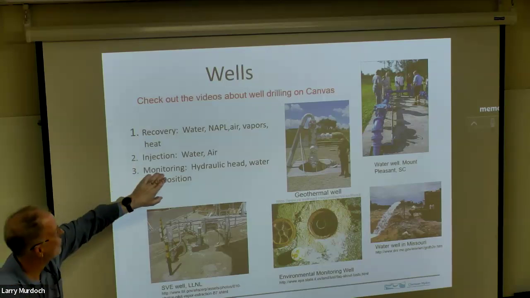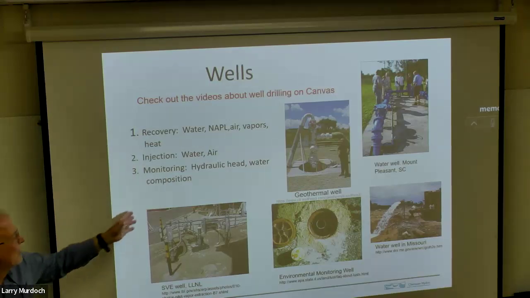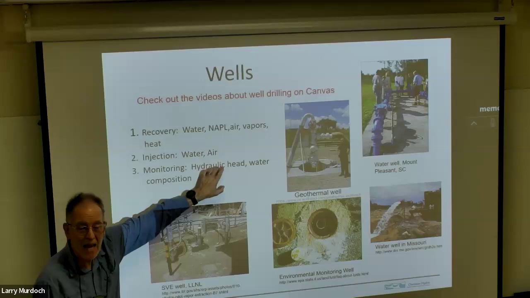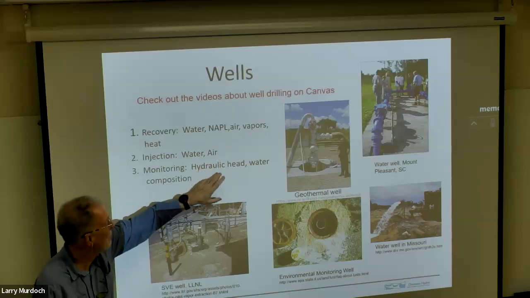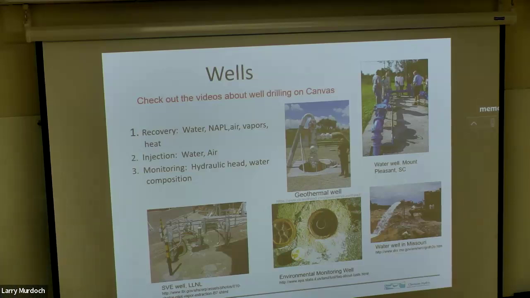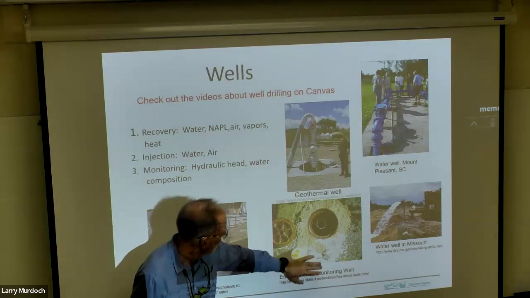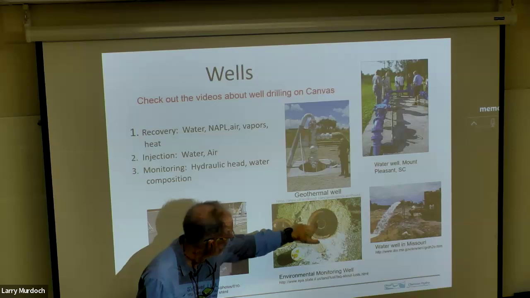And then also we'll be using wells to monitor what's going on in the subsurface. We've talked a lot about hydraulic head. The way we measure it is with monitoring wells, and also we take samples for composition. So we'll see some of the details about wells and how they're built. But basically, it's going to be a pipe that's in the ground, and you can see here, this is a monitoring well that we are looking down on.